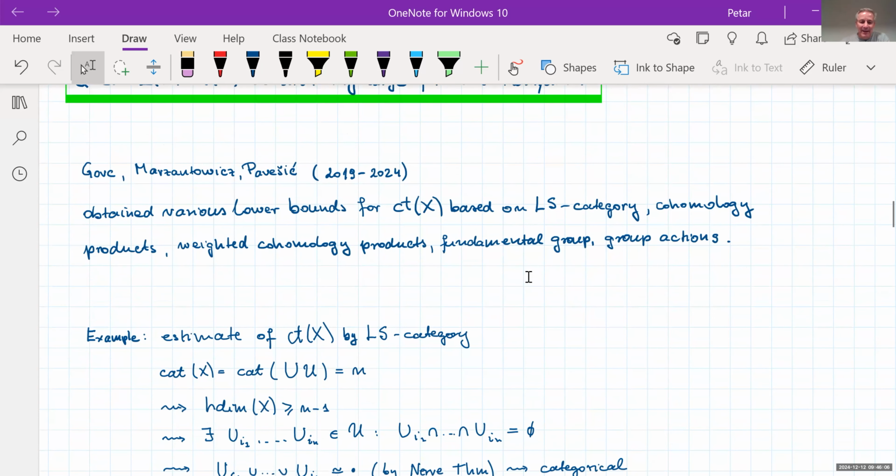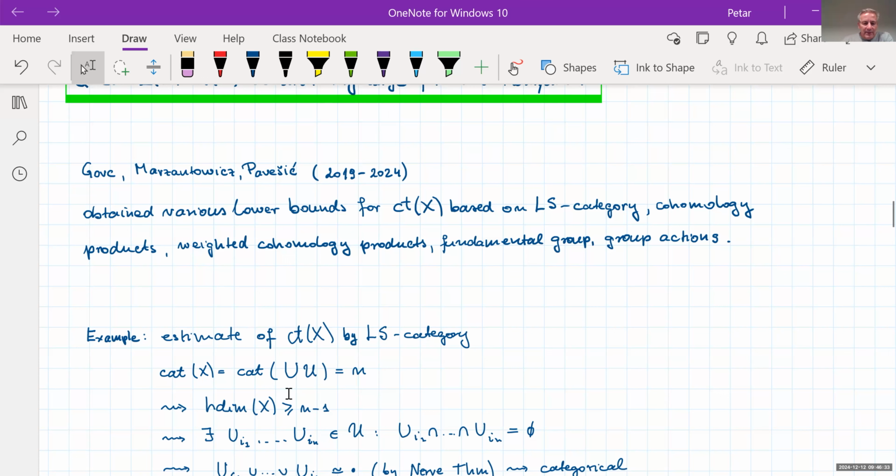Okay, so let me show how we can use Lusternik-Schnirelmann category to estimate covering type. So assume that you have some categorical cover of a space, right? With n sets. My Lusternik-Schnirelmann category here is non-normalized because it's more convenient, it's just counting.